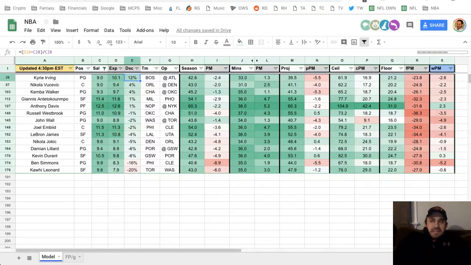The dude is playing like an 11K point guard over the last week. And over the last 2 weeks, as you can see here, playing like a $10,000 point guard. So can he actually keep moving up to that salary? That's an interesting question. And on the road against Atlanta, I'm interested. Should be an interesting night for Mr. Irving.